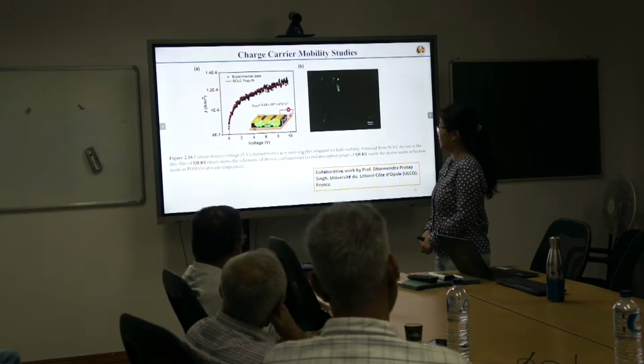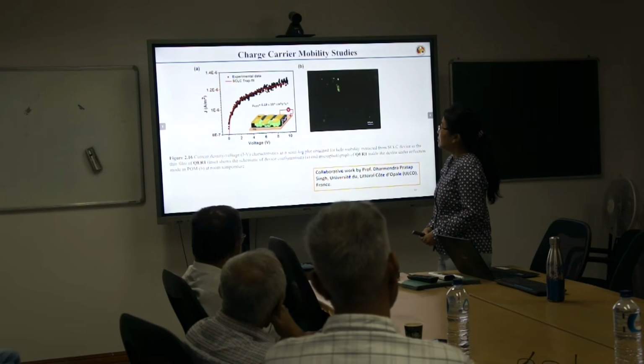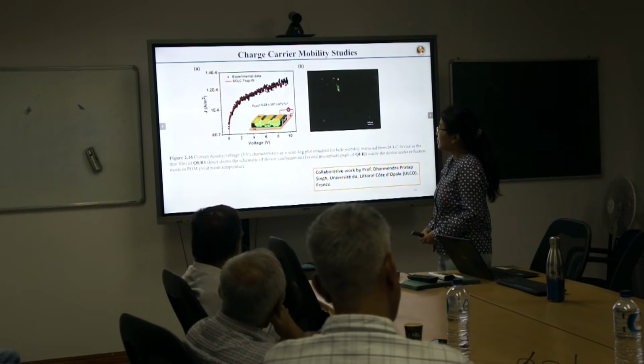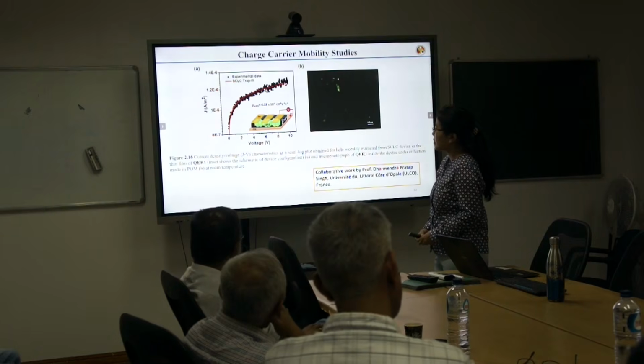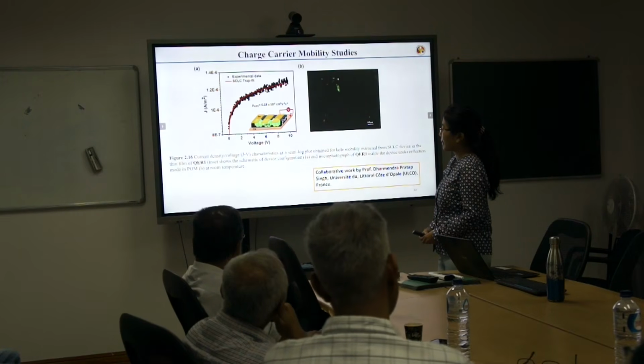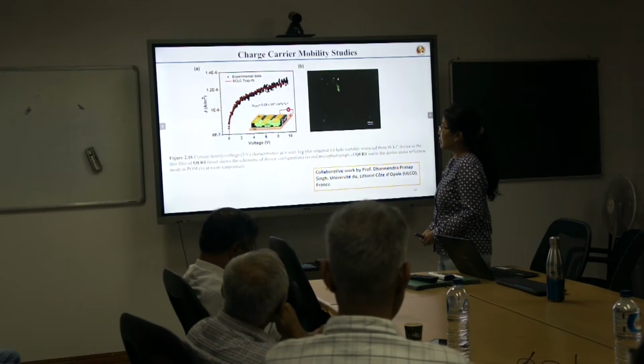Yes. So that's okay. These are the device results, what we can see after fabricating the device. Now, can you explain how this molecule is behaving well in terms of hole mobility? Can you correlate the hole mobility with the structural feature?